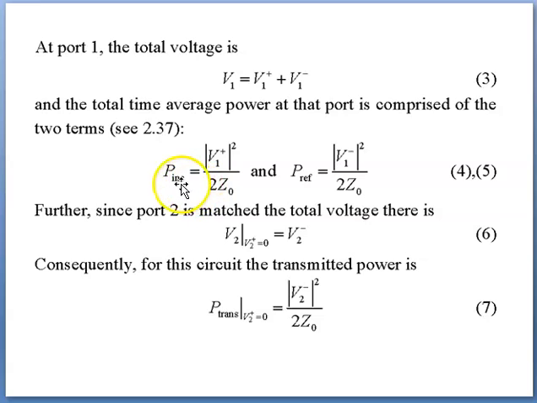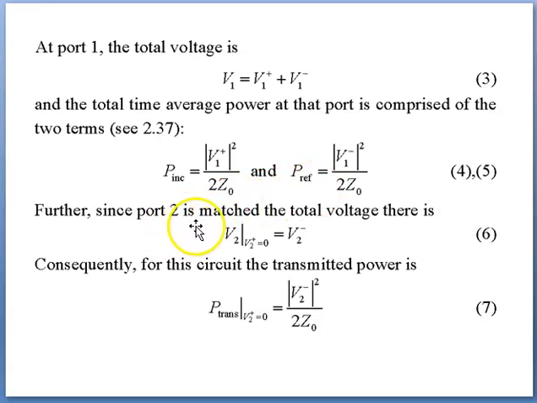P incident is equal to V1 plus squared over 2Z0 and P reflected is equal to V1 minus squared over 2Z0. Now, your Z0 is the same.